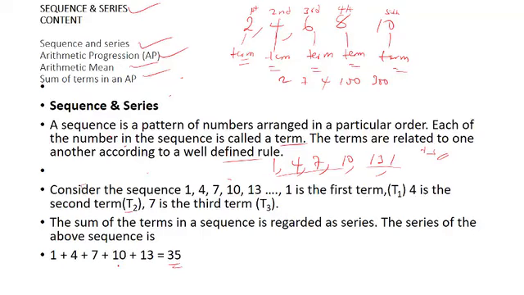Now, each sequence has a well-defined rule that has been stated. You can call it the end term of the sequence. Most times you use the formula for finding the preceding terms of a particular sequence, but in a sequence, we call it the end term.